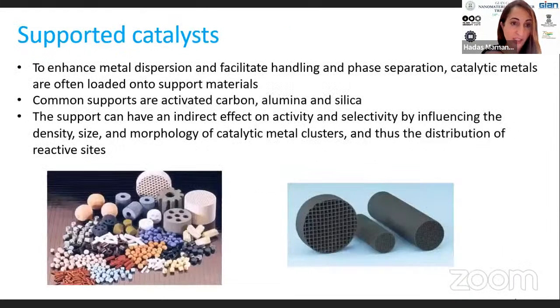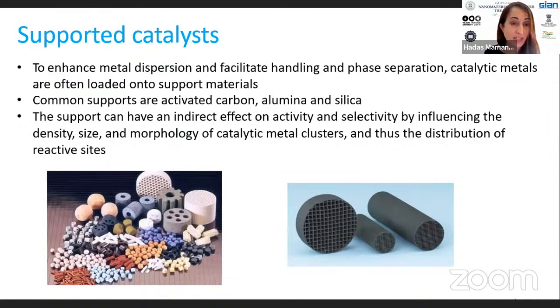Okay, we can go over this. One of the key issues with using catalysts is that we of course want particles that have high surface area, but then we need to facilitate phase separation. Therefore, one of the things required is to load the catalyst onto different supports.